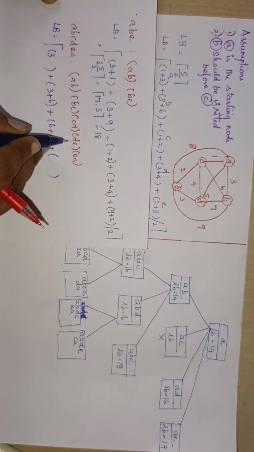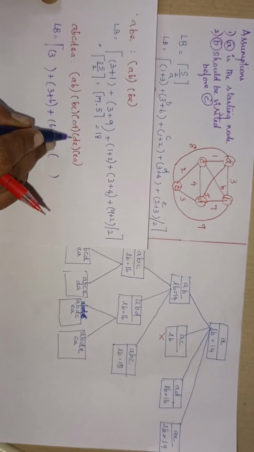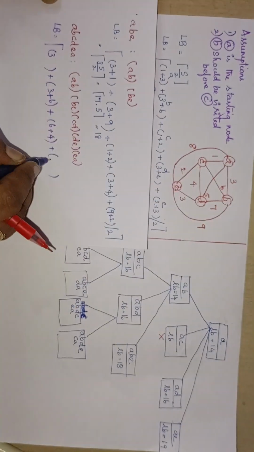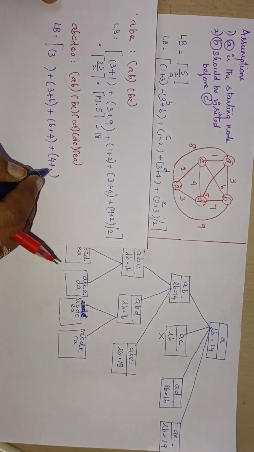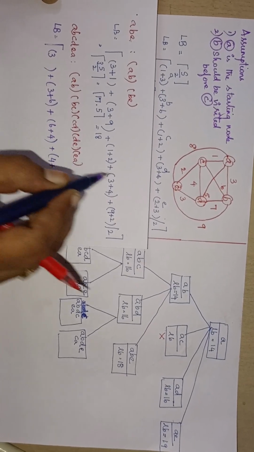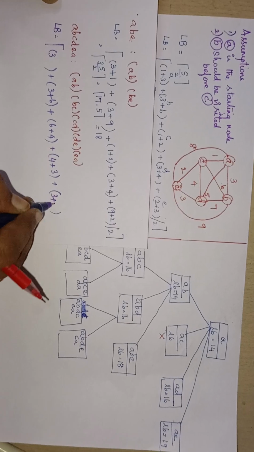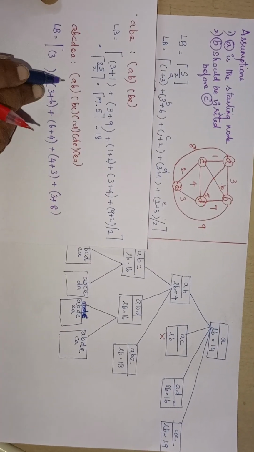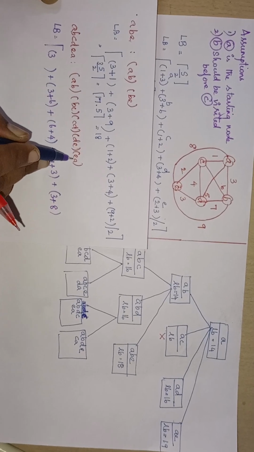Then for D, two edges, CD and DE should be compulsorily considered. So CD is 4 and DE is 3. For E, these are compulsory. So DE is 3 and EA is 8. And for A also, AB and EA should be considered.